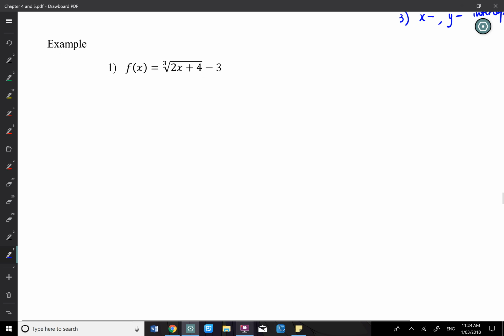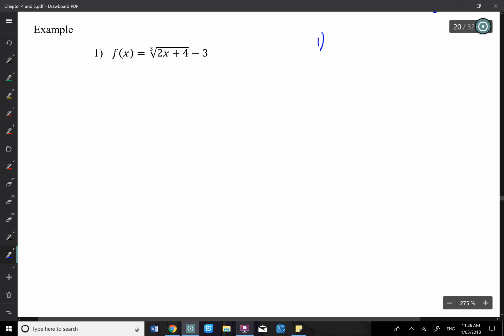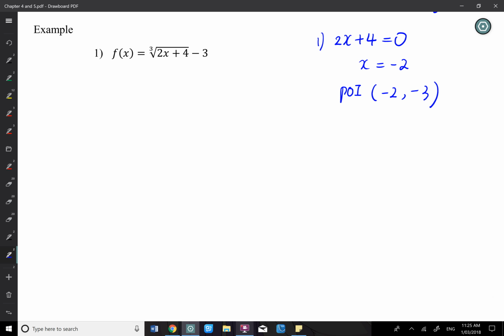Okay, for this question, first step, I will solve for the point of inflection. So I will make 2x plus 4 equals 0. x will equal -2. Point of inflection is -2, -3, because k value is -3.